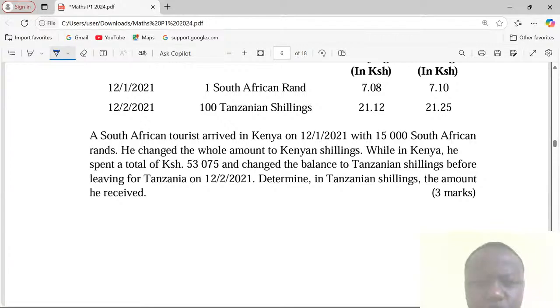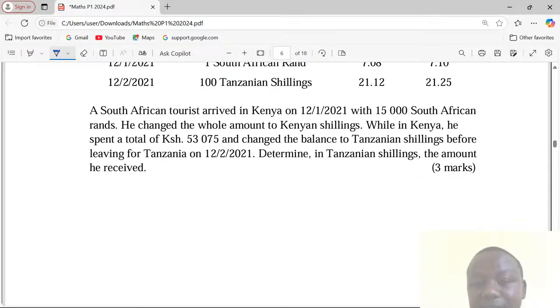A South African tourist arrived in Kenya on 12th of January 2021 with 15,000 South African rands. He changed the whole amount to shillings. While in Kenya, he spent a total of 53,075 Kenya shillings and changed the balance to Tanzanian shillings before leaving for Tanzania on 12th February 2021.